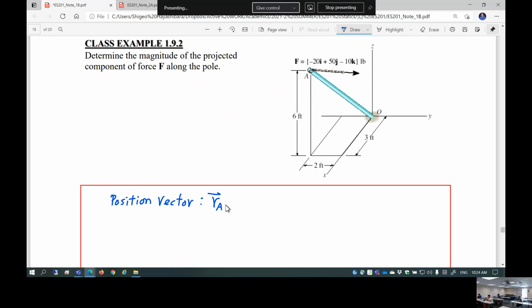A to O. So let's find position vector RAO. This is a position vector from A to O. So this is basically XO minus XA, I, plus YO minus YA, J, plus ZO minus ZA, K.